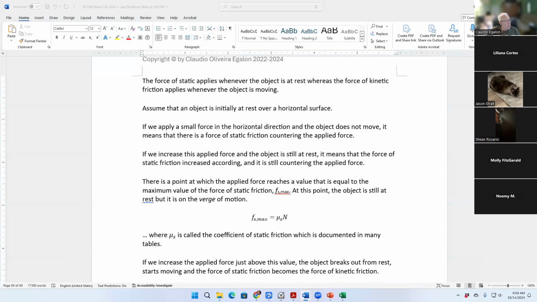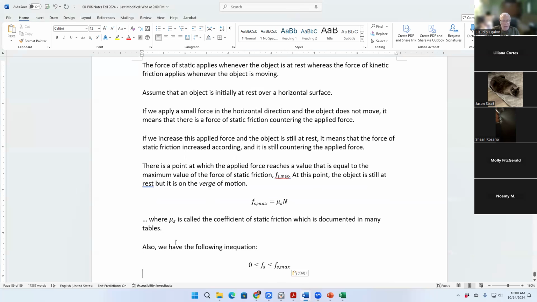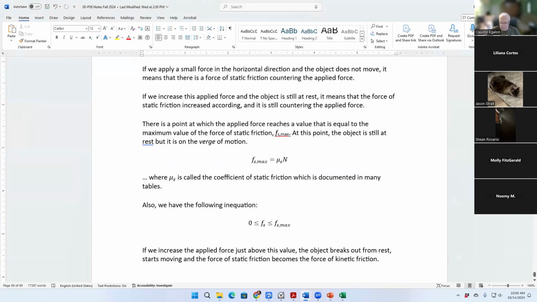Also, we have the following inequation, which can be written down like that.